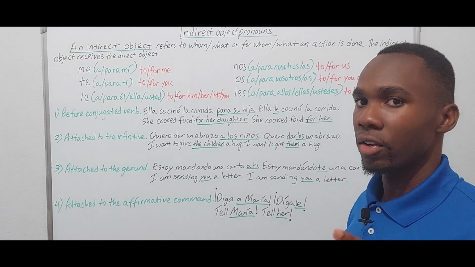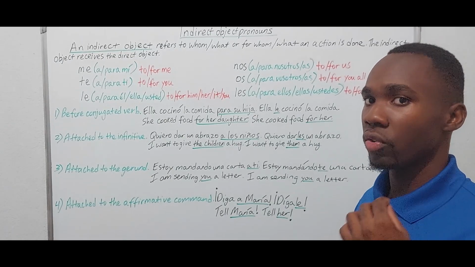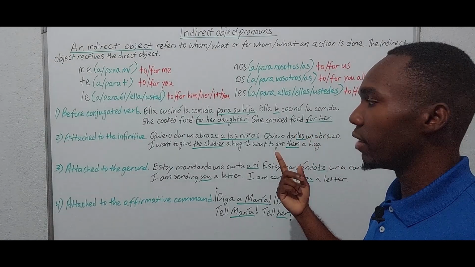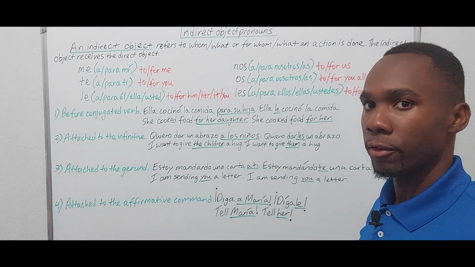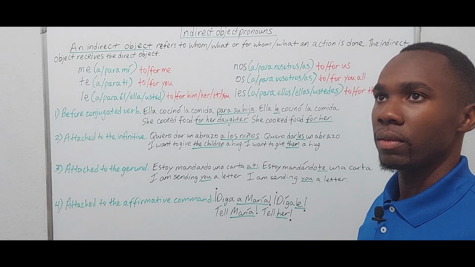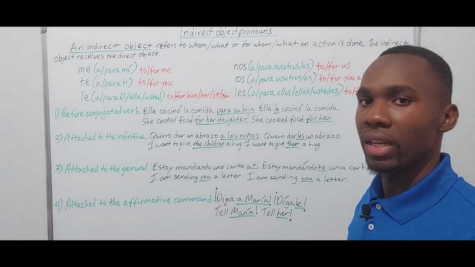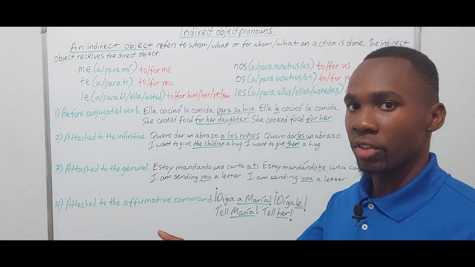Right. So this is the case now where you see the redundancy, right? So sometimes you're going to see a sentence whereby the indirect object pronoun is used with the indirect object, right? But that's to disambiguate the sentence and make it clear who is the indirect object.